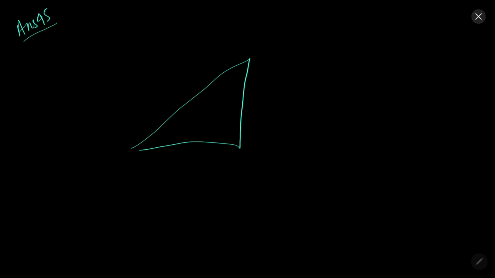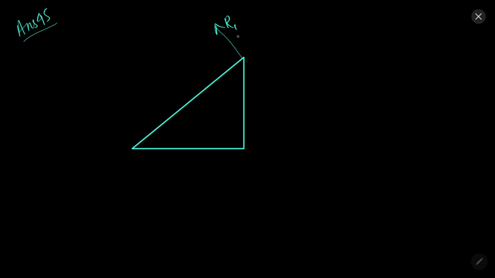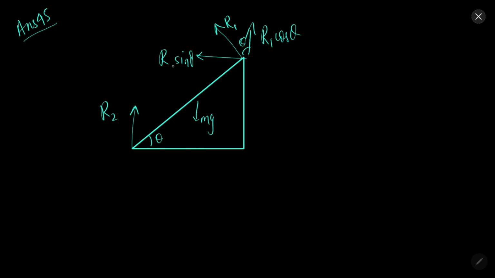So let's draw the free body diagram. R1, R2, theta, mg, R1 cos theta, R2, R1 sin theta.